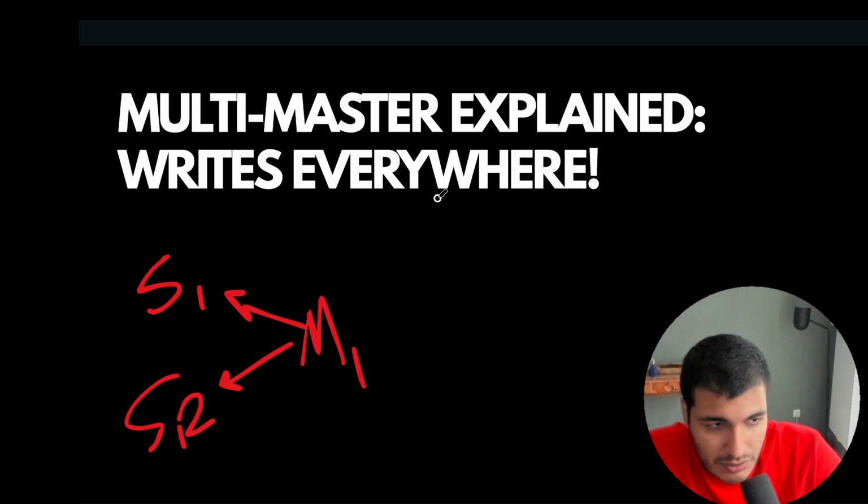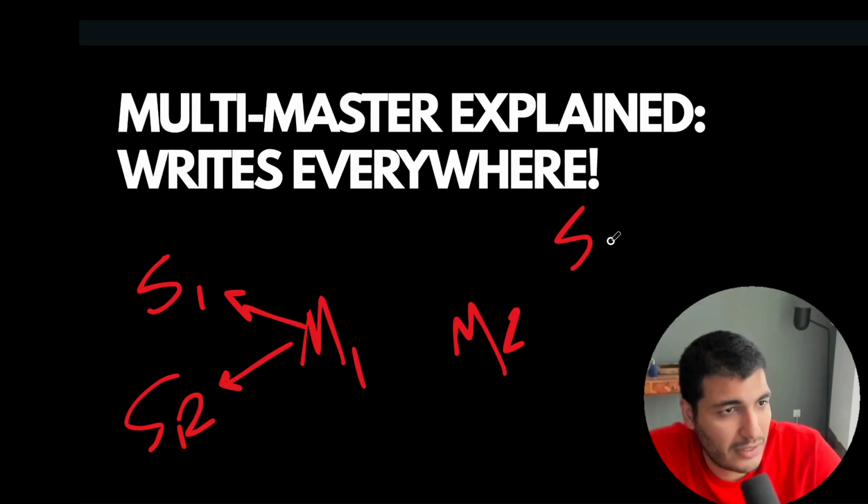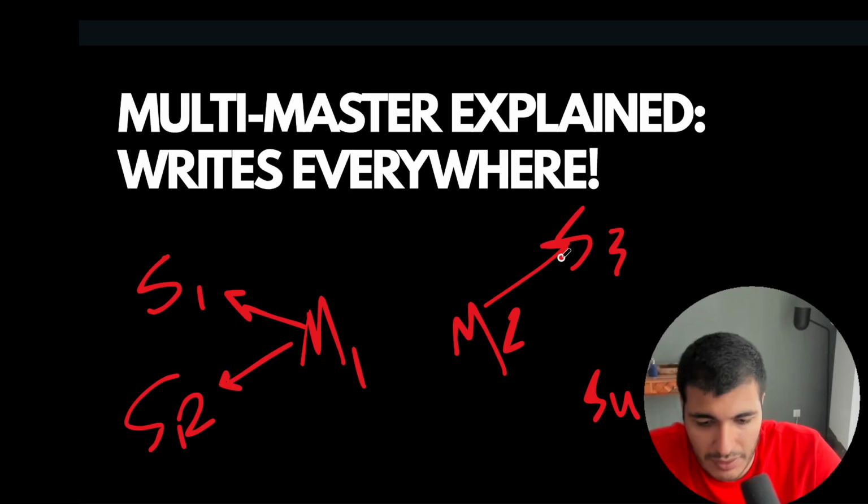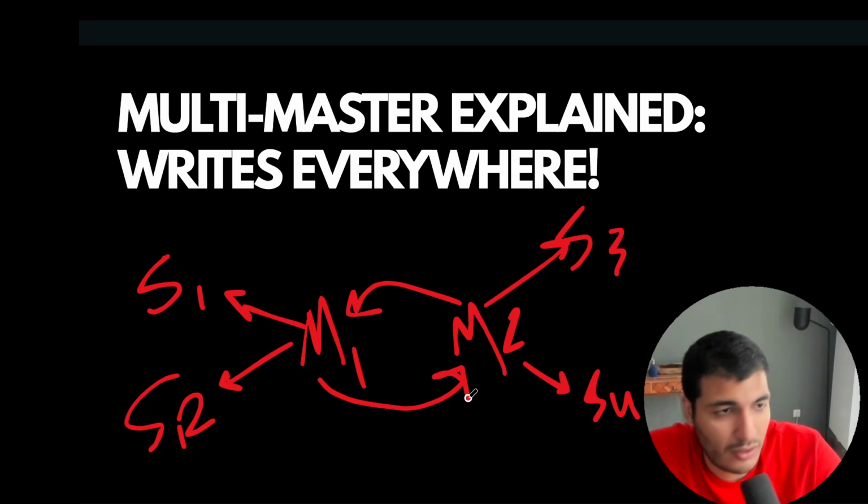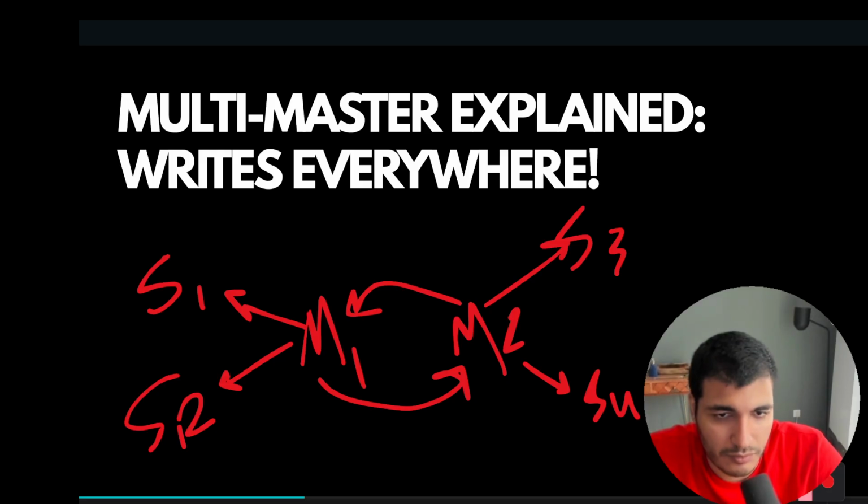So we have another master here, which we call master 2. We have another replica, which will be 3, here 4, and it replicates the data across these servers, and the master also will replicate this data across the other master.